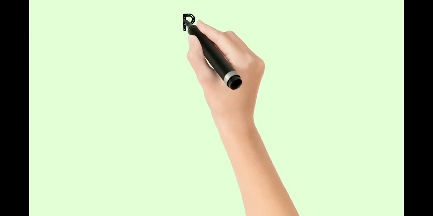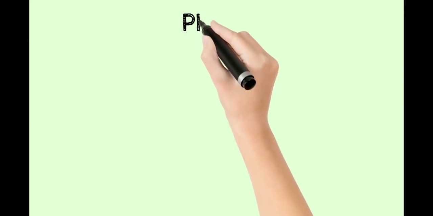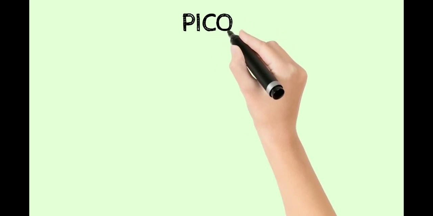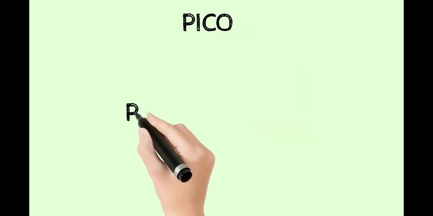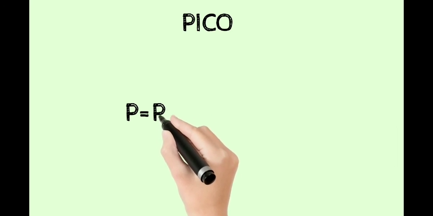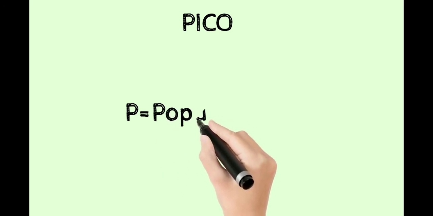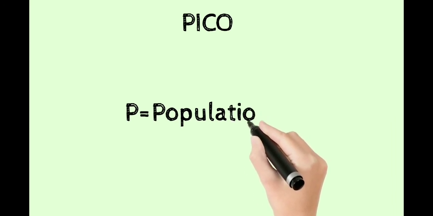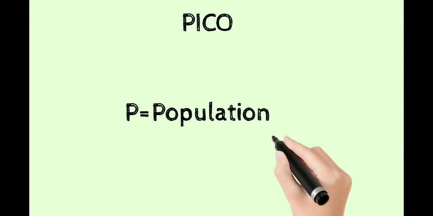So a focused clinical question includes 4 components which are abbreviated as PICO. P is for population. Population means a description of the patient such as their age, parity, clinical problem and healthcare setting.